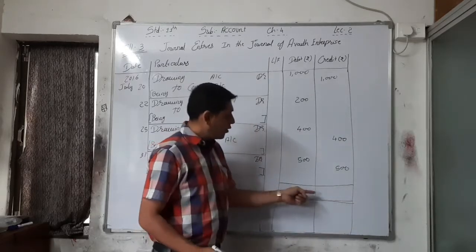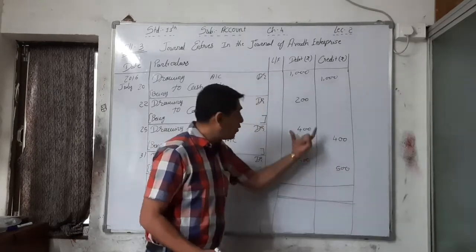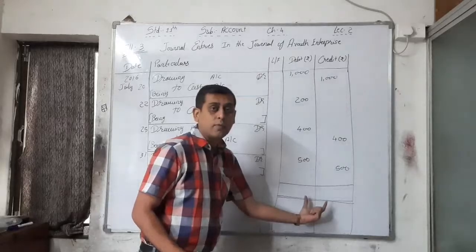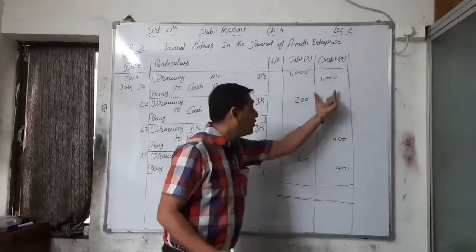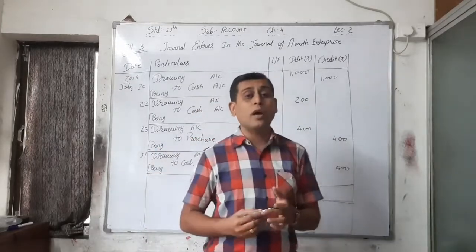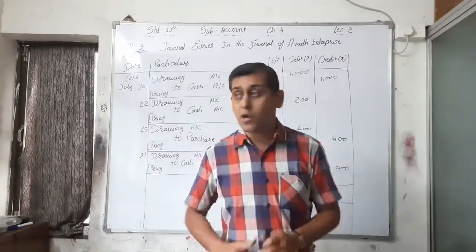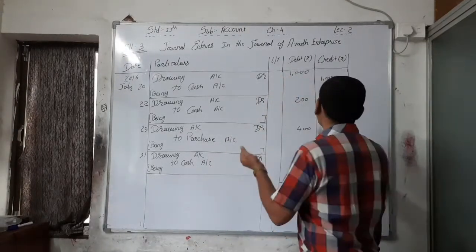We have to make the total here first. Always first make the total of debit, then the total of credit, and both are always equal, compulsory, because whatever is debited we have credited.